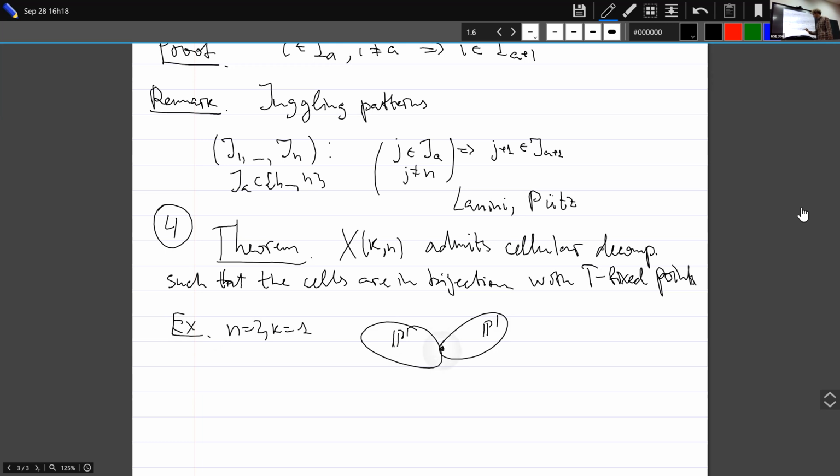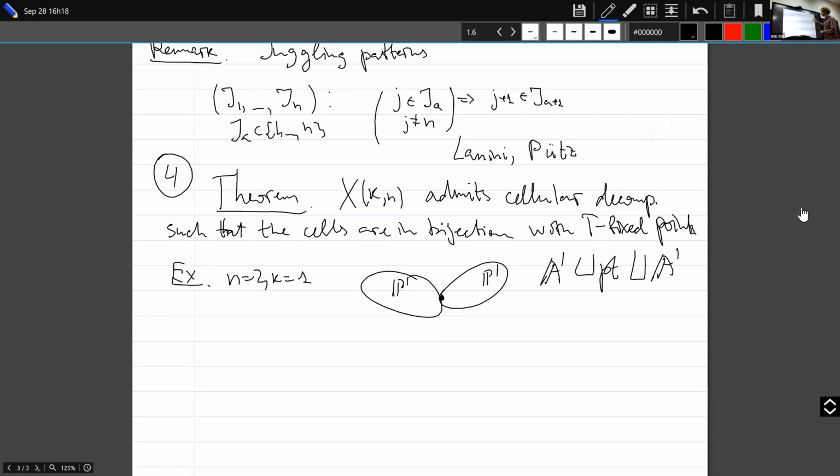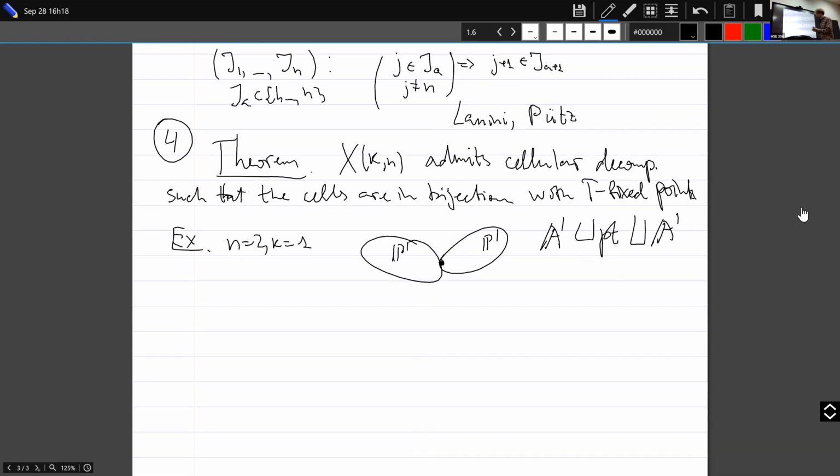If you take this point where they intersect, then you can decompose each P1 as a one-dimensional cell, then this point, and then once again this one-dimensional cell. So this is this decomposition, and you see this agrees with the 3 Grassmann necklaces we have.